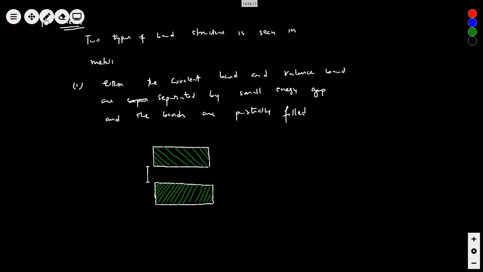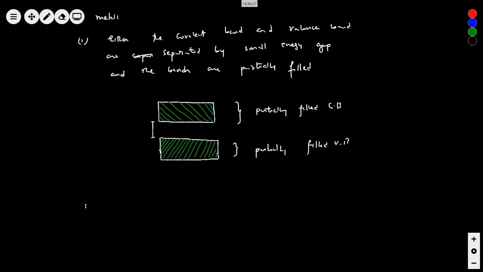So, a partially filled conduction band and a partially filled valence band. The second case that can be observed is that the valence band and the conduction band overlap.